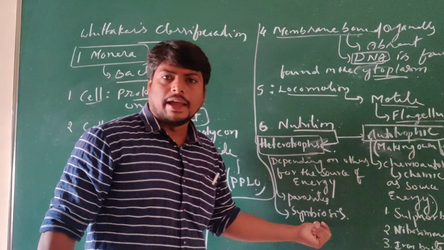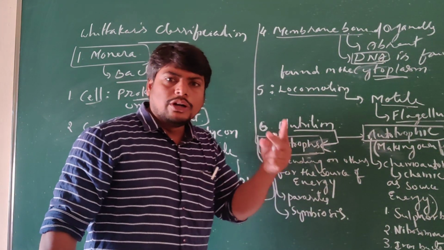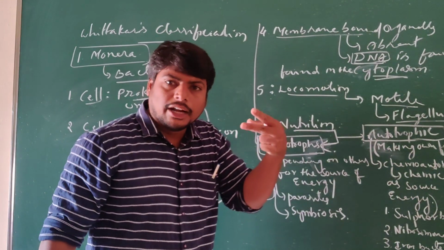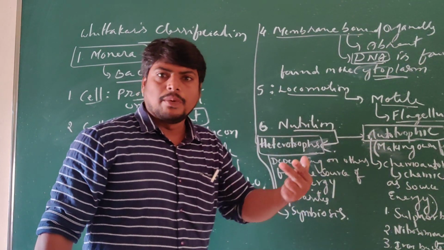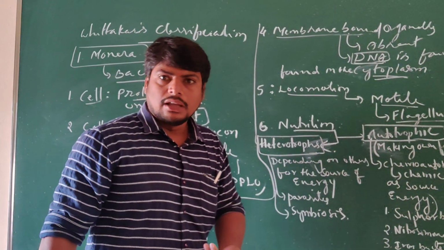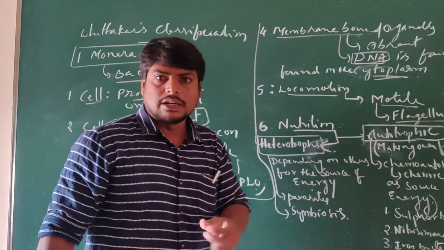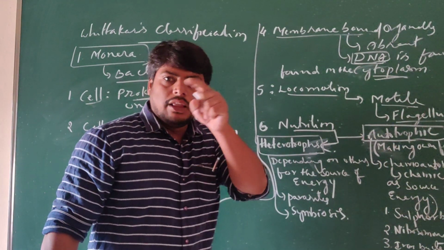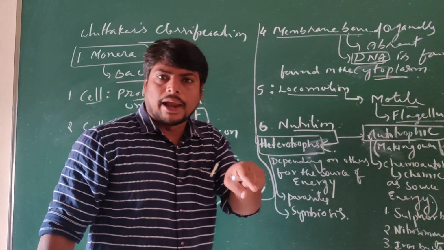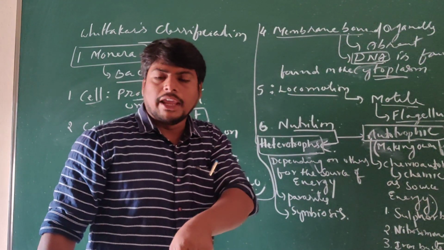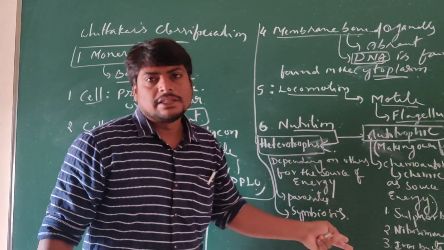Symbiosis is another mode of nutrition where two different organisms are interdependent on each other. For example, rhizobium bacteria are found in the roots of legume plants. These bacteria supply nitrogen to the plants, whereas the plant supplies energy to the bacteria. This type of nutrition we call symbiosis.